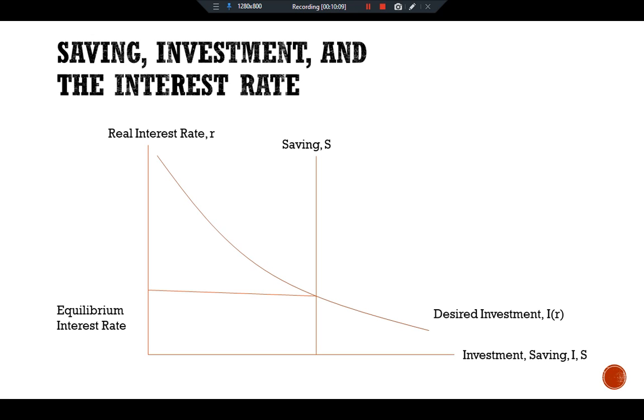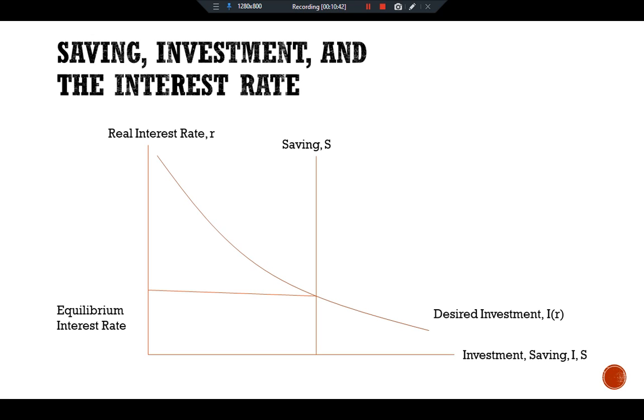The interest rate adjusts until the amount that firms want to invest equals the amount that households want to save. If the interest rate is too low, investors want more of the economy's output than households want to save. Equivalently, the quantity of loanable funds demanded exceeds the quantity supplied. When this happens, the interest rate rises. Conversely, if the interest rate is too high, households want to save more than firms want to invest.